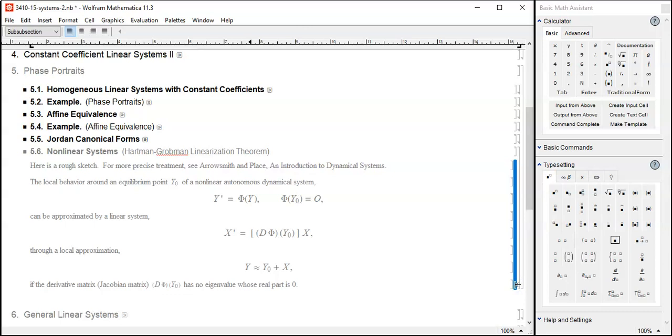It turns out that even if you have a nonlinear system, we can create a linear counterpart that shares some qualitative behavior around the equilibrium. How do we do it?